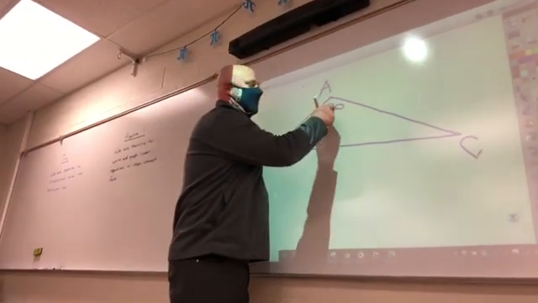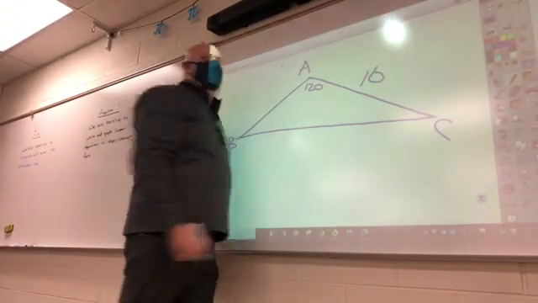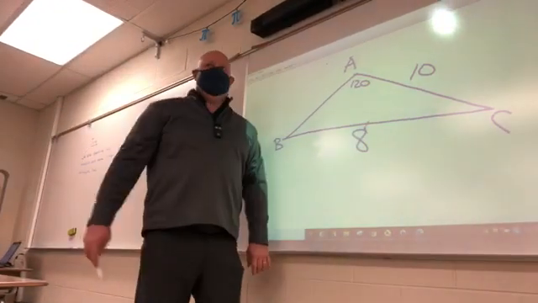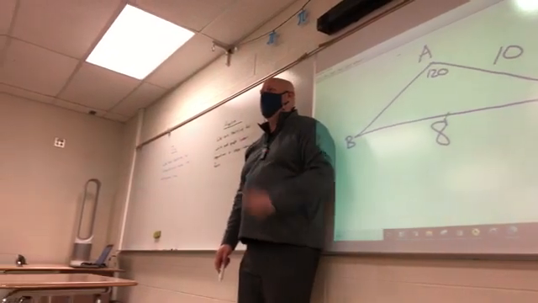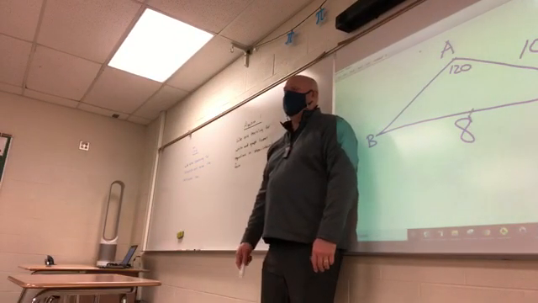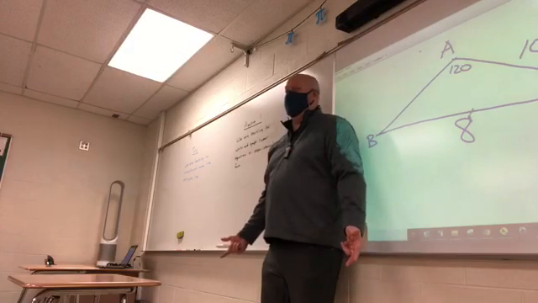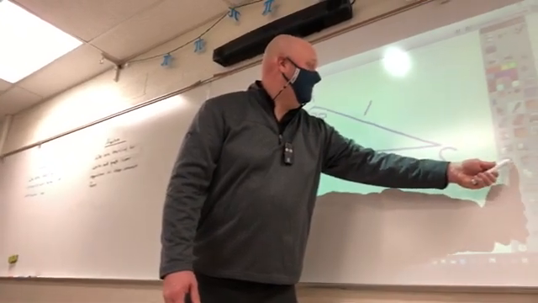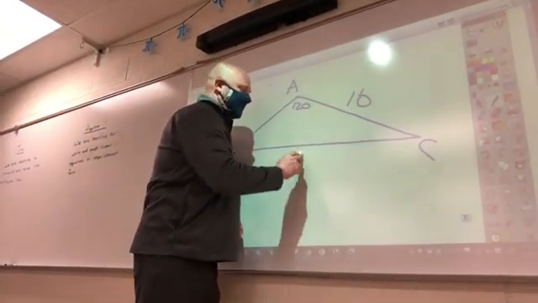They're going to give us angle, side, and then another side. Does this make sense? Why not? It's the hypotenuse. It's got to be the biggest side, right? Does this make sense?